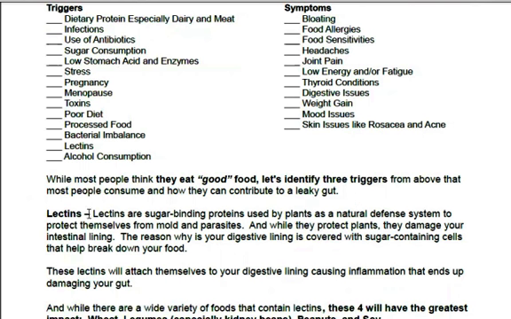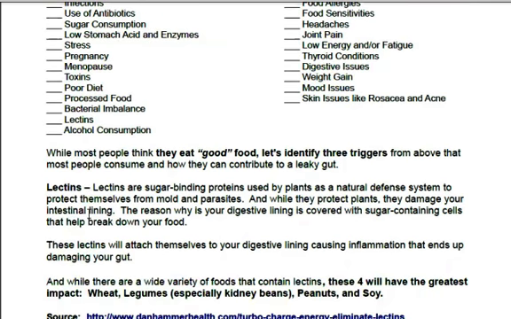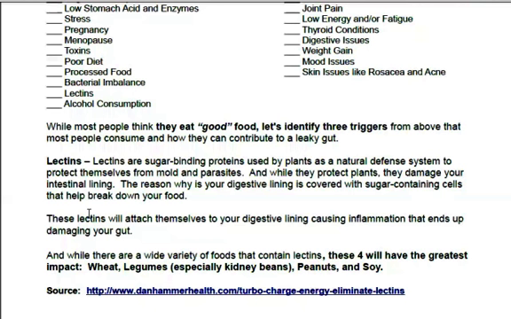So we do talk about lectins, and we give them the 4 major foods that contain lectins that cause the greatest amount of inflammation in the vascular system: wheat, legumes, especially kidney beans, peanuts, and soy. Those 4 food groups have lectins that create the greatest amount of inflammation in the small intestine.